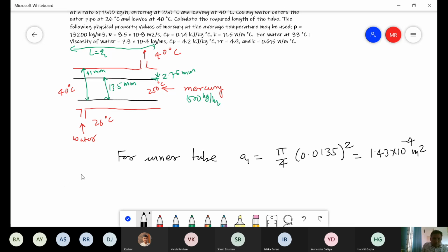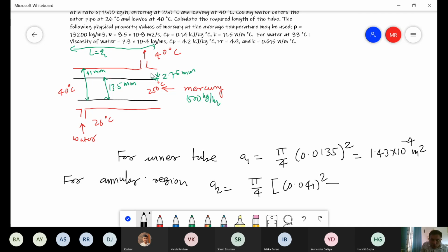Okay, and for the annular region, remember the water is flowing through the annular region. So for the annular region, the area A2 will be given by, again, pi by 4. The diameter here is the inside diameter of the outer tube, 41 mm, so that becomes 0.041 square.